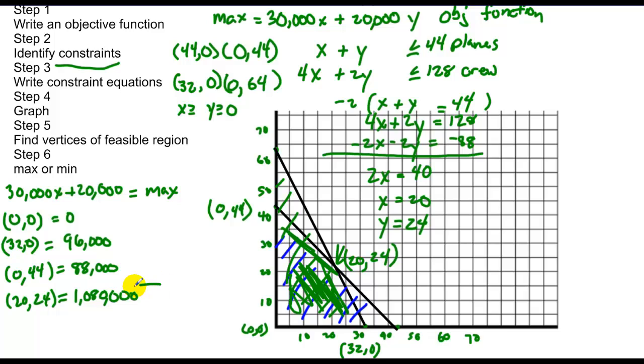So clearly, this is our maximum cargo space of 1,080,000 cubic feet with 20 large planes and 24 small planes. And that is basically linear programming from start to bottom. We're going to do another one just to show you.